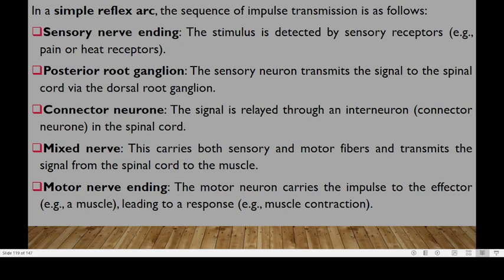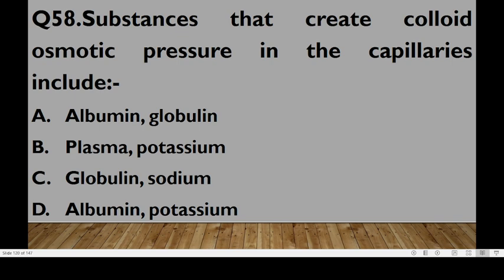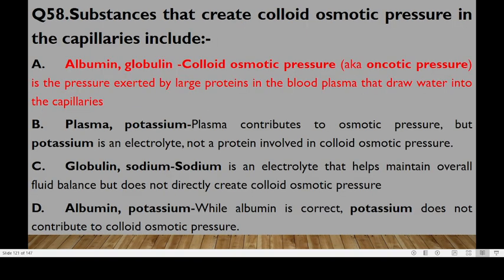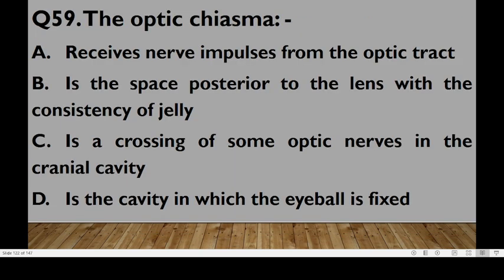Substances that create colloidal osmotic pressure in capillaries include... Colloidal is also referred to as oncotic pressure. The oncotic pressure is the pressure exerted by large proteins in blood plasma that draws water into the capillaries, and this includes albumin and globulin.